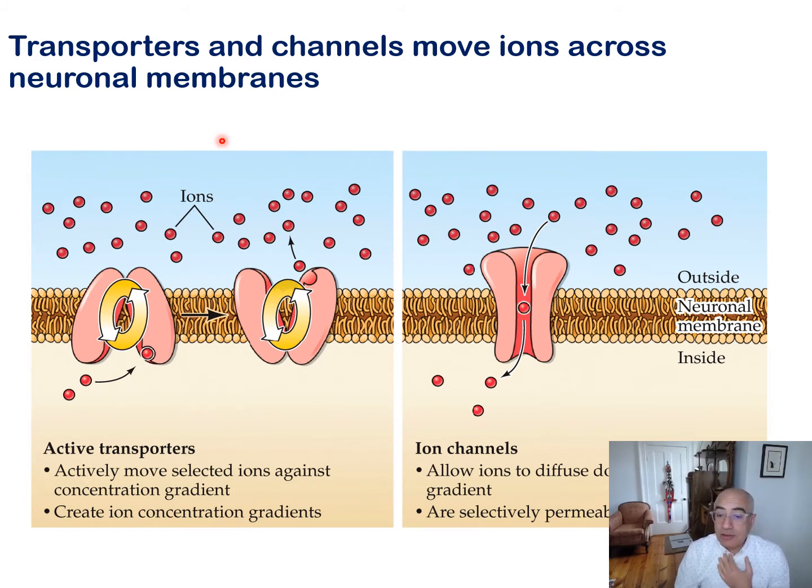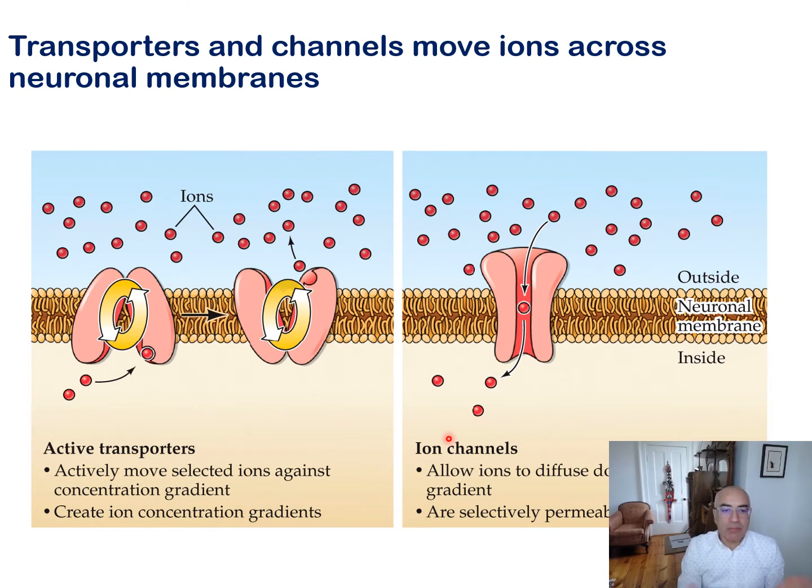The other category is ion channels. Ion channels are also transmembrane molecules, but they don't actively do anything. They just passively allow ions to diffuse, usually down their concentration gradient.